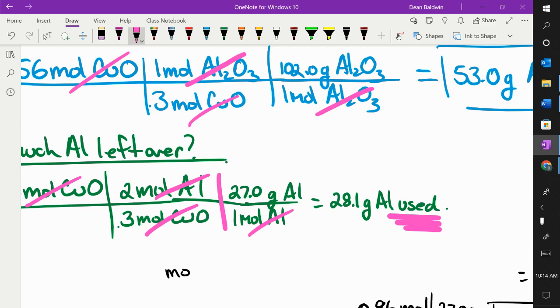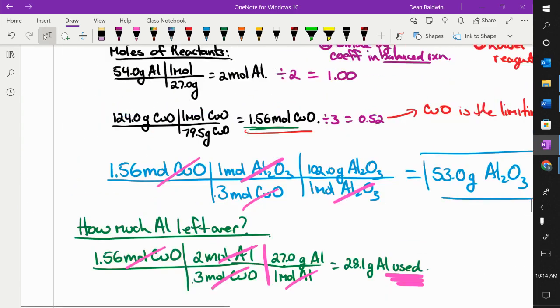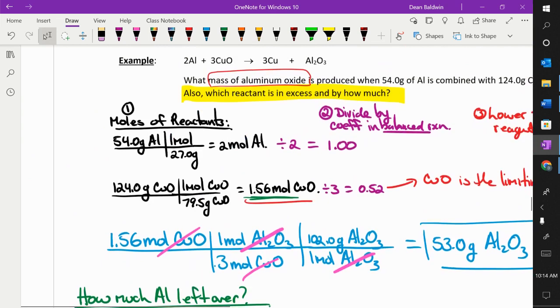So if that's the amount used, how much is left over? Just subtract it from the original. What did we start with? How many grams? 54 grams.